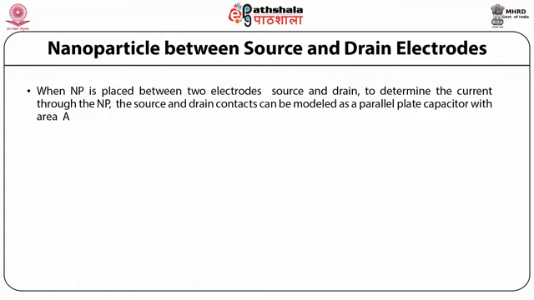This approximation is valid if capital A is very much greater than D. The source and the drain capacitances at a distance Z from the source are given by CSZ equal to epsilon A by Z, CDZ equal to epsilon A by D minus Z. So the potential can be shown to vary linearly, as expected for the uniform electric field.